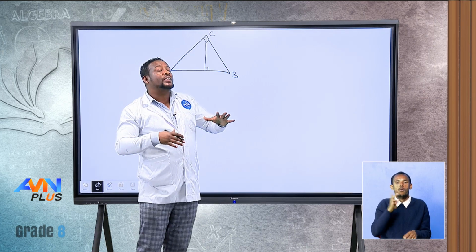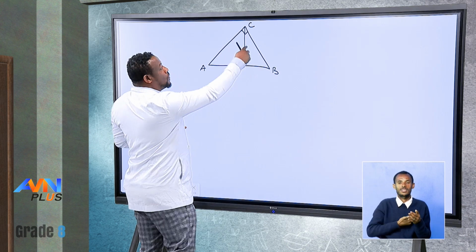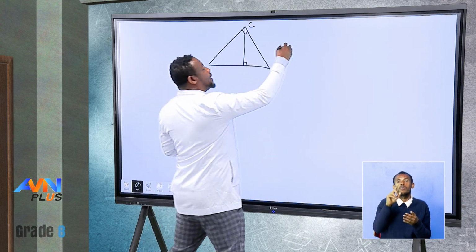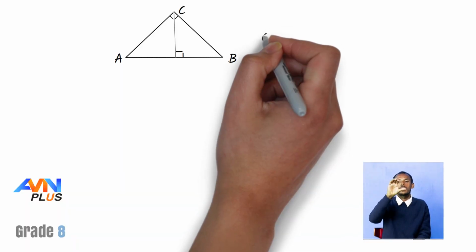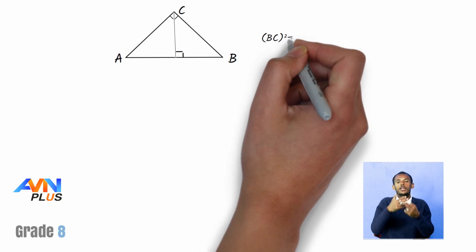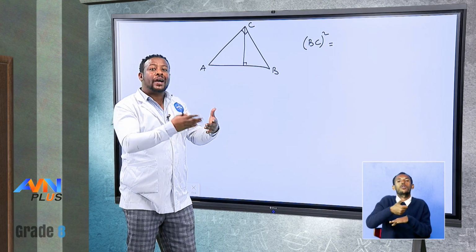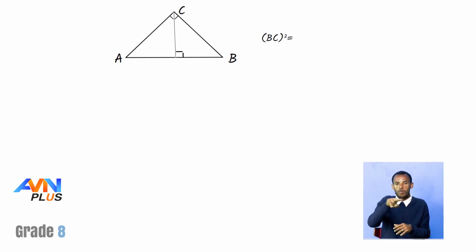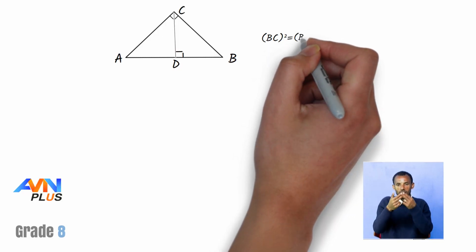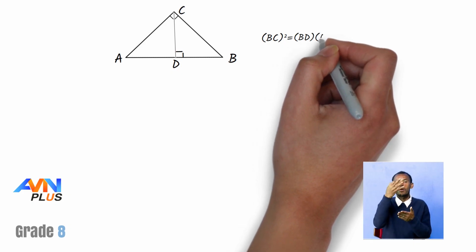If we have this, Euclid tells us the square of one of the legs, BC squared, is equal to the product of the adjacent side into which the altitude divides the hypotenuse. That means, call this point D, okay? BD times the hypotenuse AB, okay?